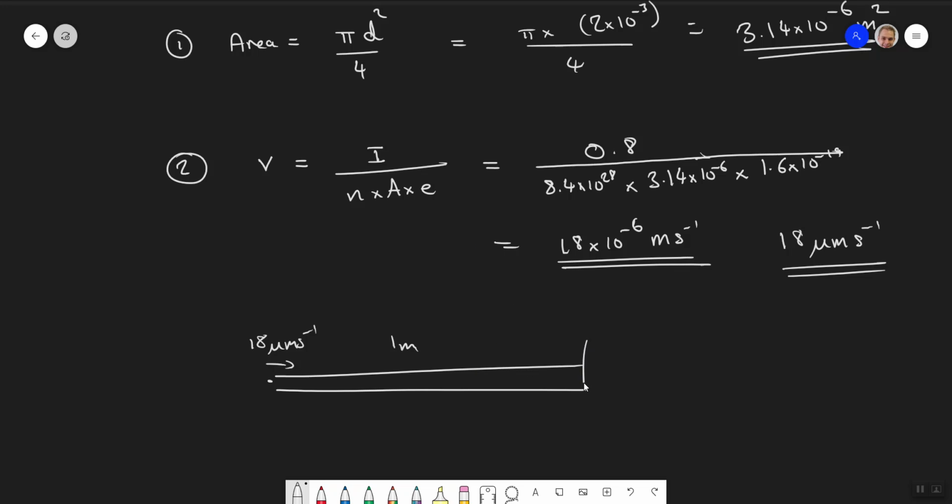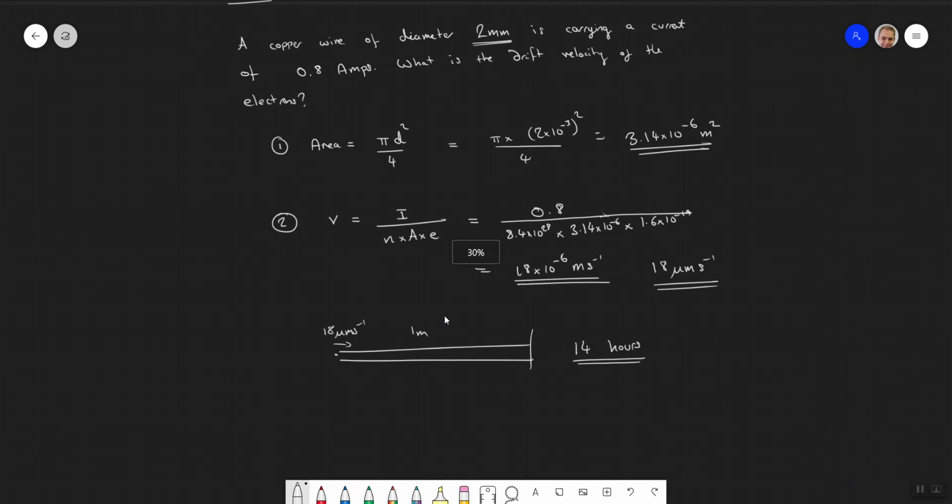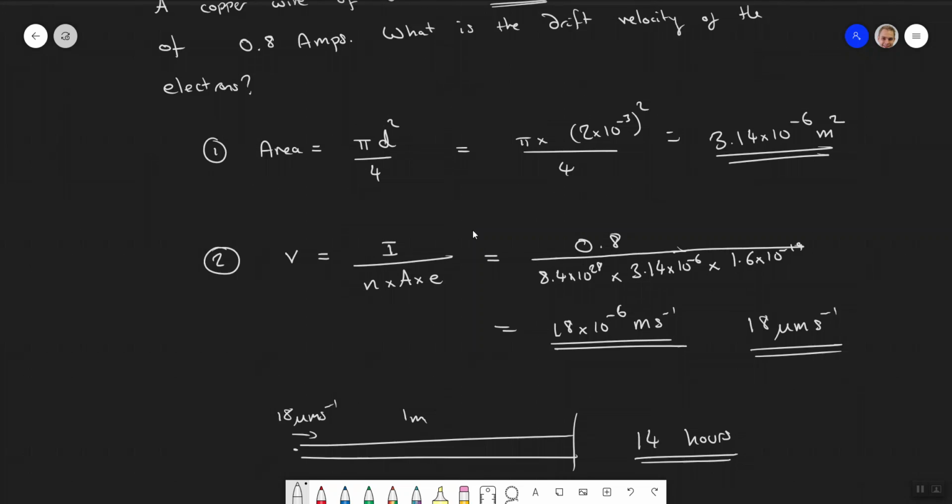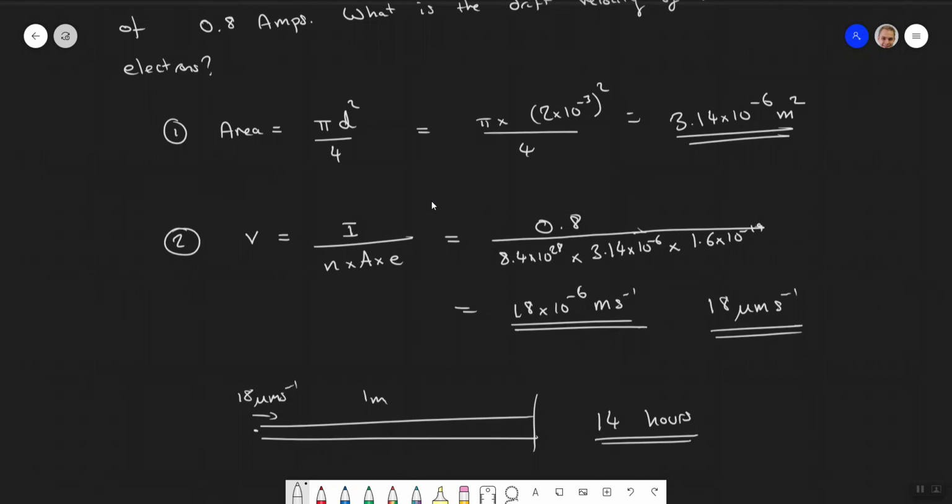Divide that by 3,600 and it takes you 14 hours to do that single meter. So although their random velocity is high, in a wire they really don't go very fast at all. But that is how we work that out.